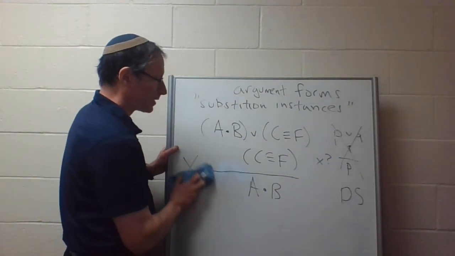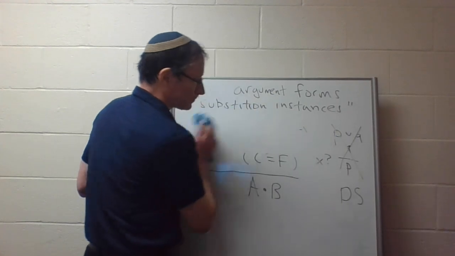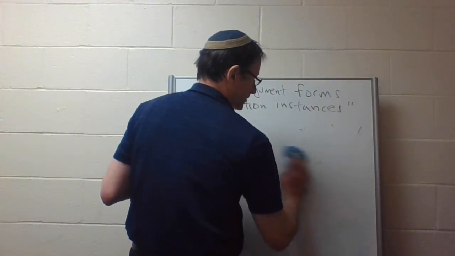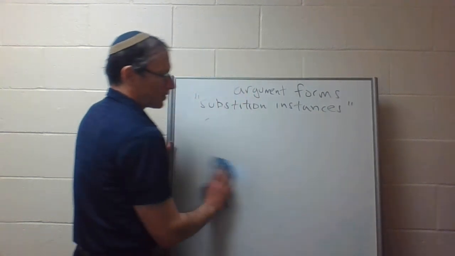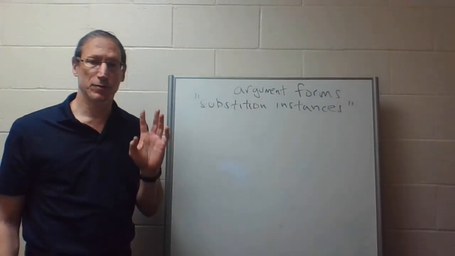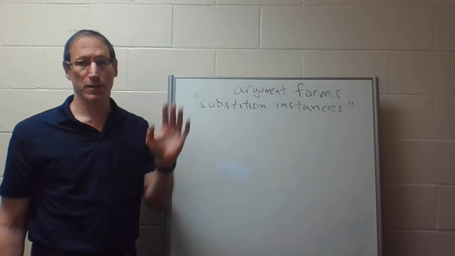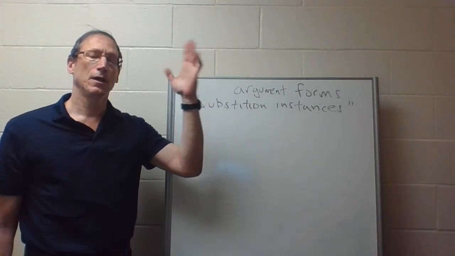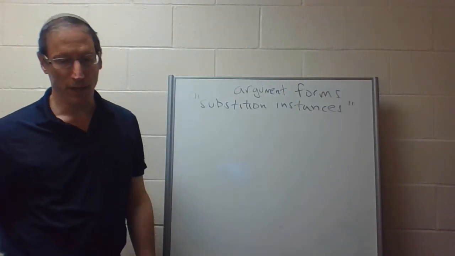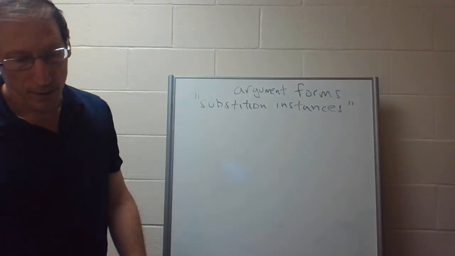It would be an invalid argument. But the point I was making was that there are two versions of disjunctive syllogism. Although the book wants to indicate there's only one version, I'm telling you there are two versions. If you have a disjunction and then you negate one side, you can infer the other side, not negate it.